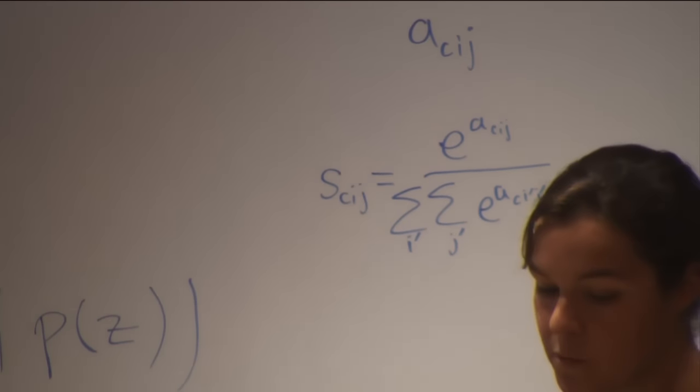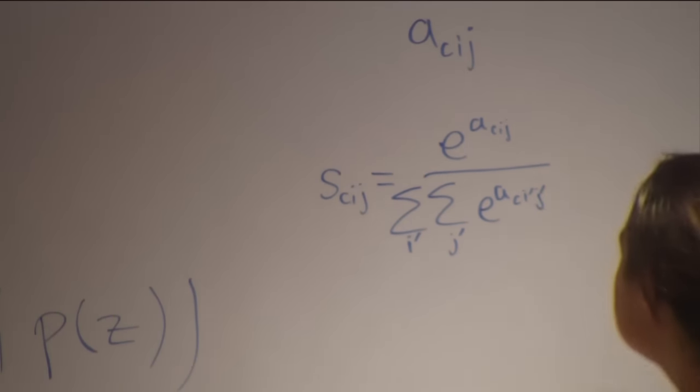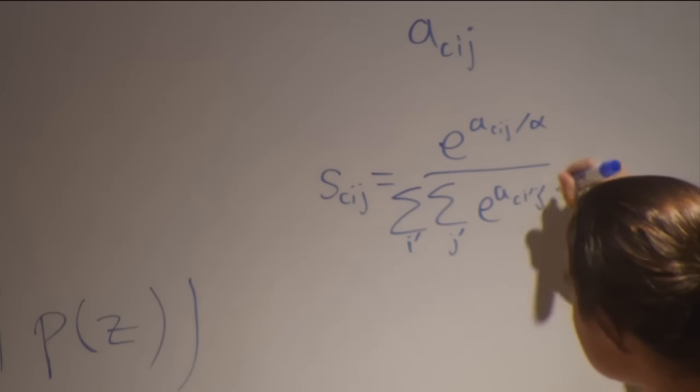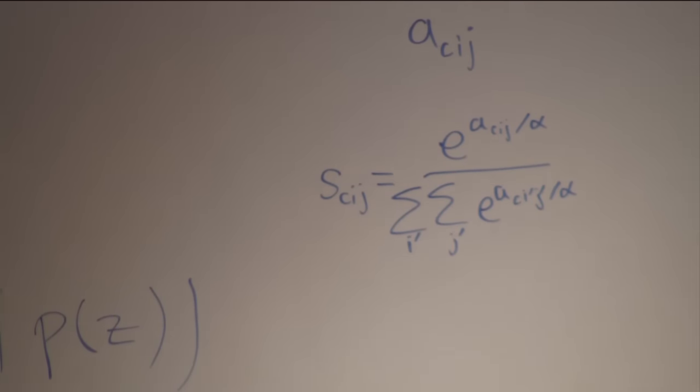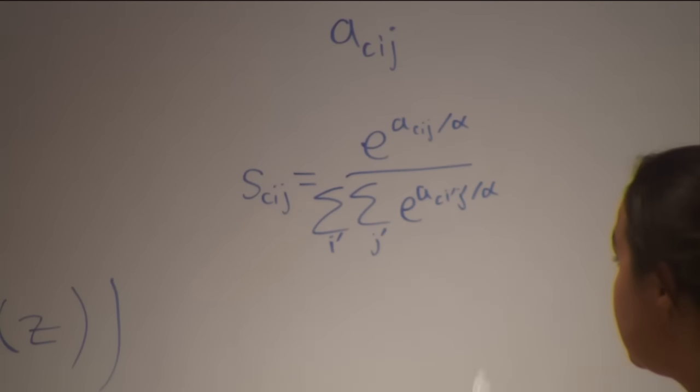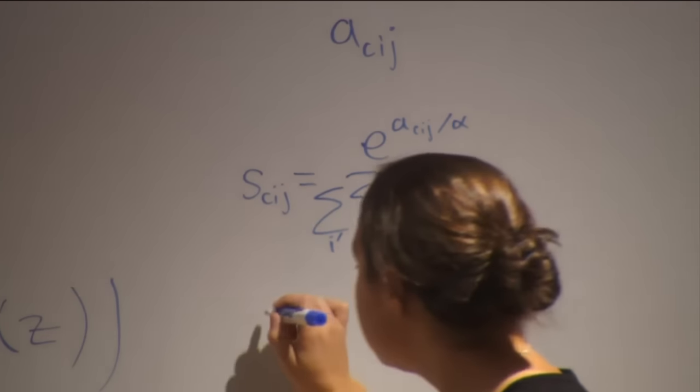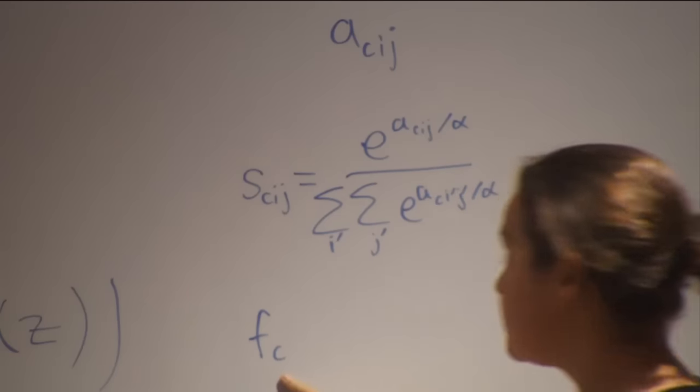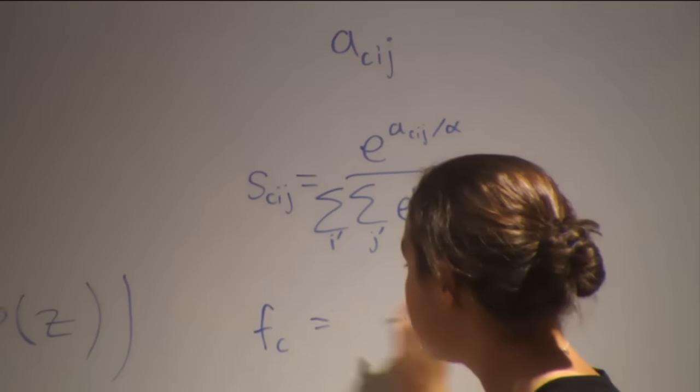And usually softmax has a temperature alpha, which will control how sharp, how peaked that distribution is. And once you have the softmax, the feature corresponding to channel c is going to be an xy coordinate.